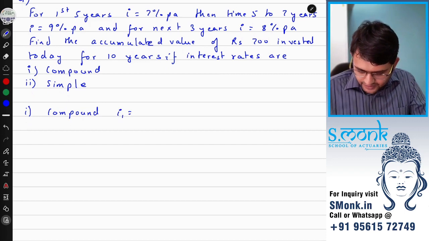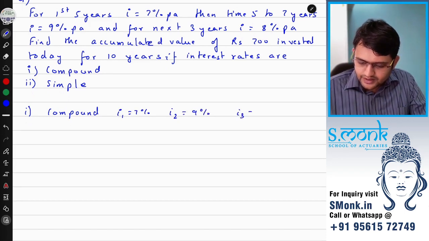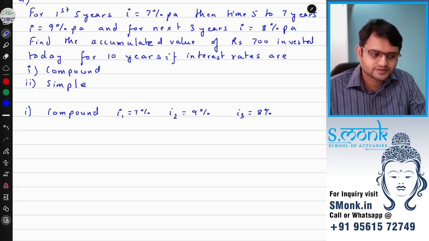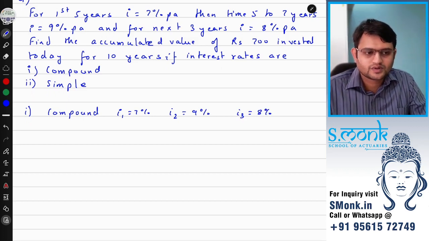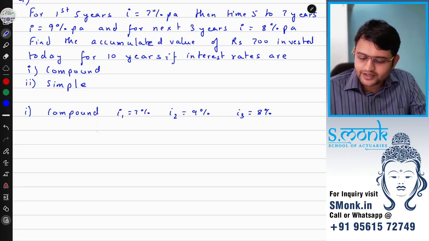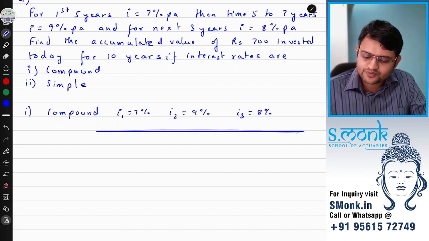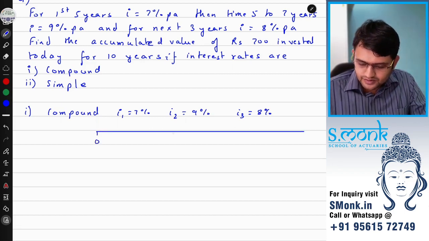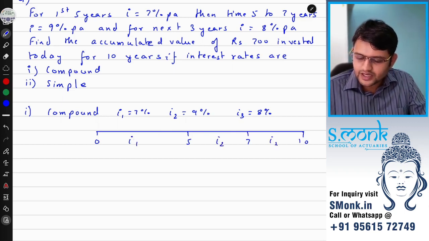I1 is 7%, I2 is 9%, and I3 is 8%. We can even make the timeline showing from which point to which point we have which rate of interest. This is I1, this is I2, and this is I3.